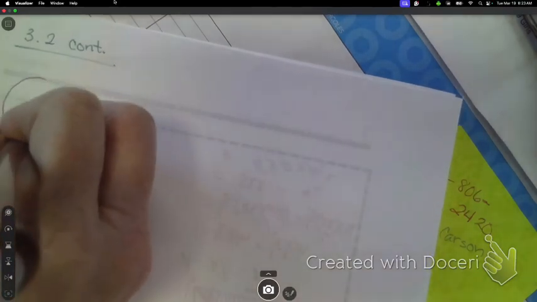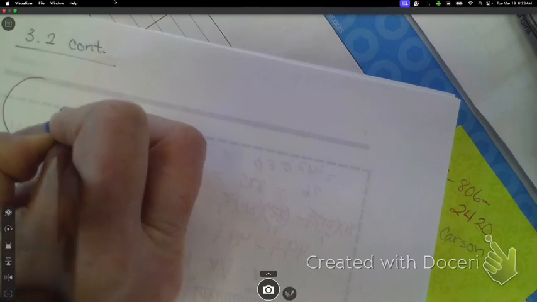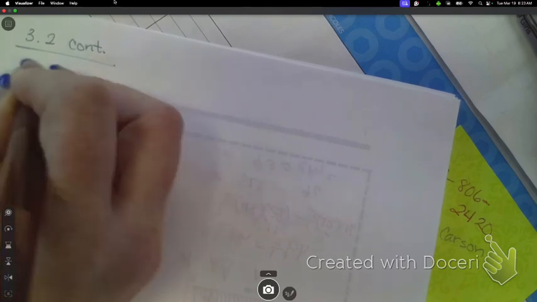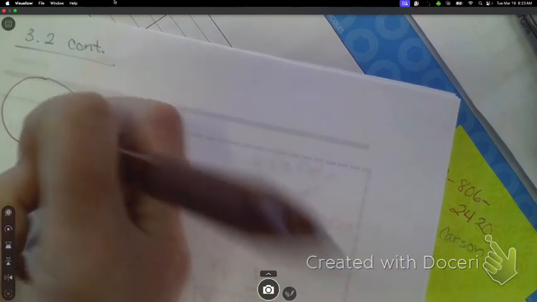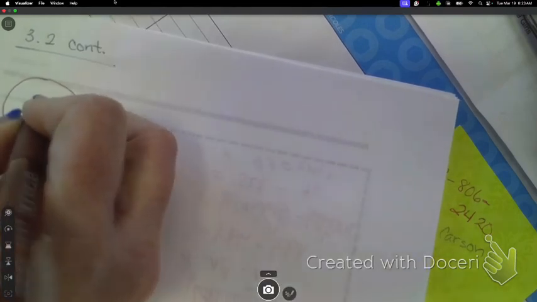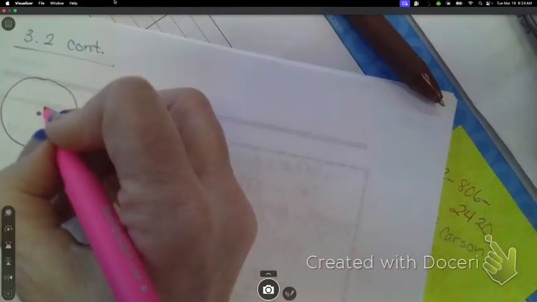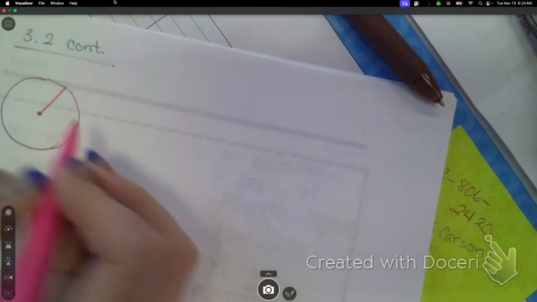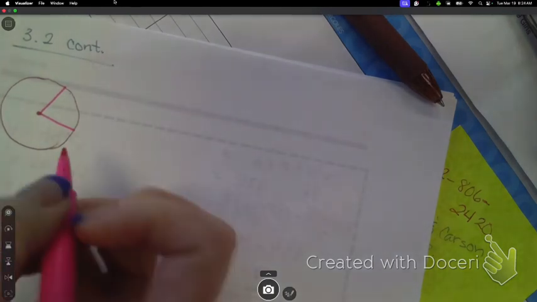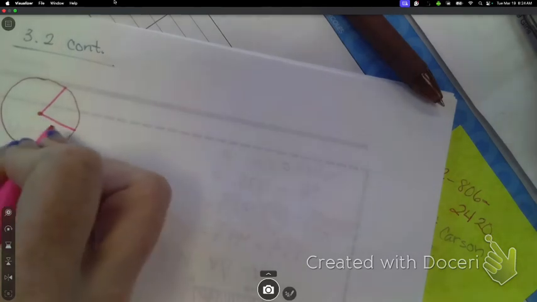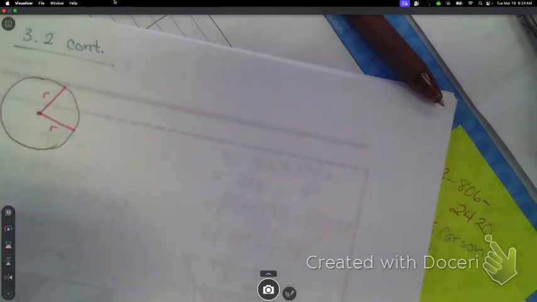Okay, so we have a circle. You have a circle, and you have a portion of a circle. Of the circle, this is a radius and this is a radius, correct?